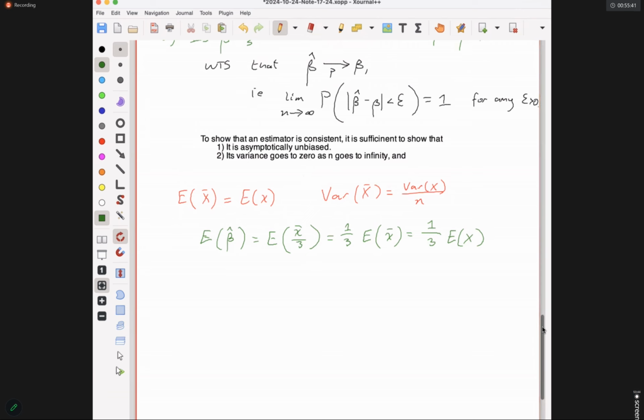Does it just give you the PDF or does it give you expectation variance as well? What's the mean for the gamma? Okay.